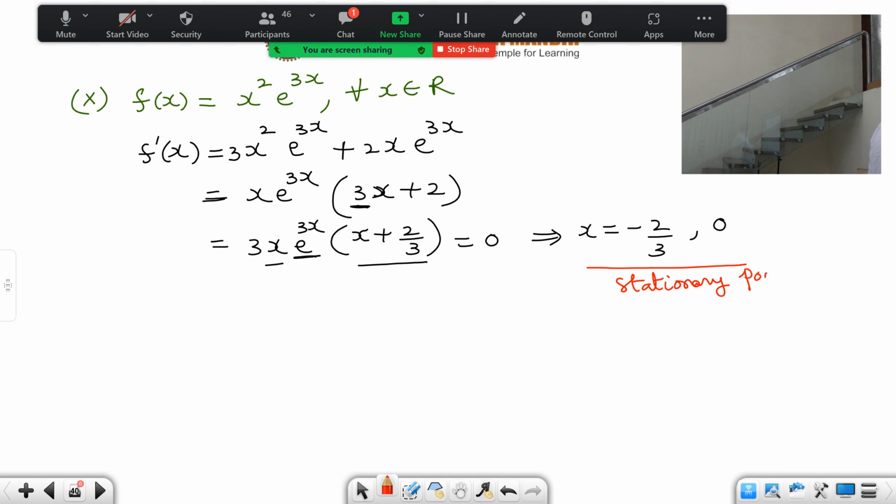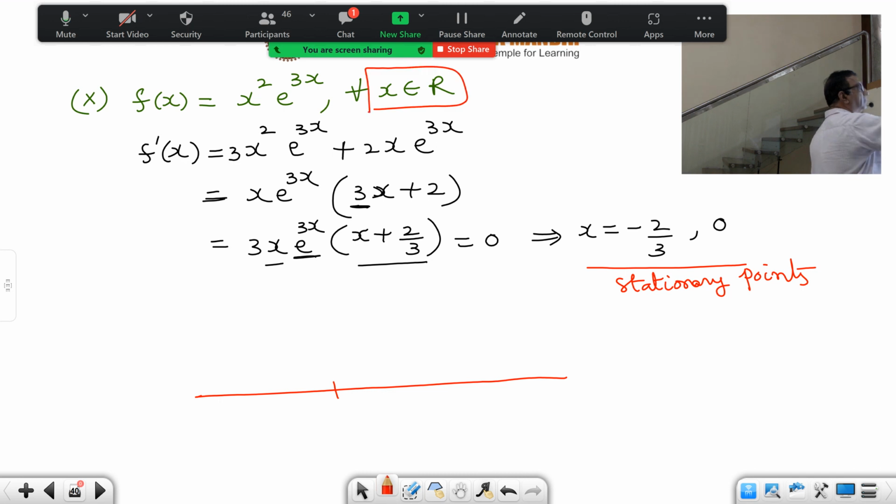So we have to mark two values, minus 2 by 3 and 0. Domain is given to be R in the question.